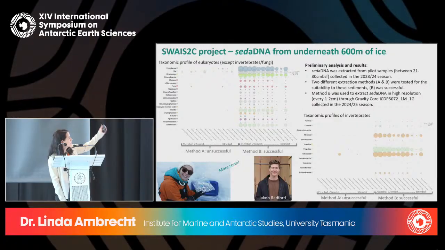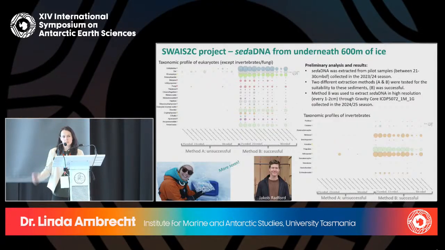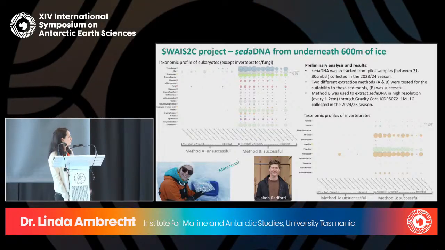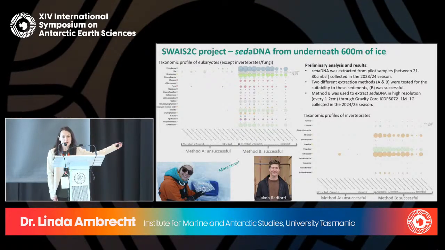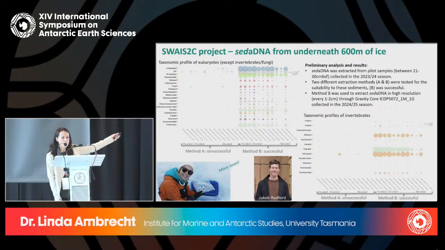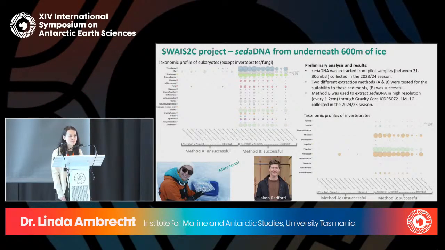So what you can see is some preliminary data here from just a few samples where we were comparing community composition using 2 different protocols. I'm really glad we did that because one of the protocols didn't really work at all. And so we're now going with this protocol. I've just called this method B here for the moment.